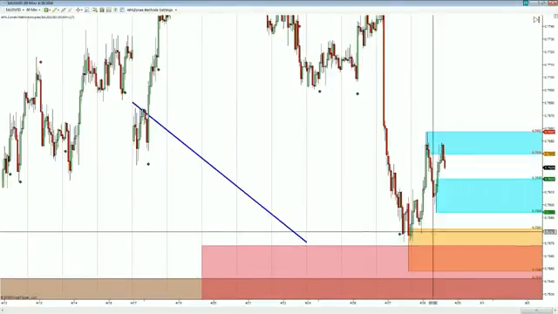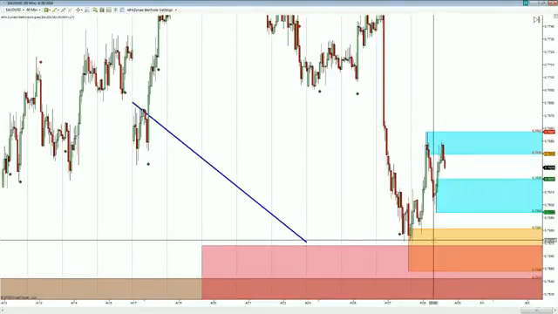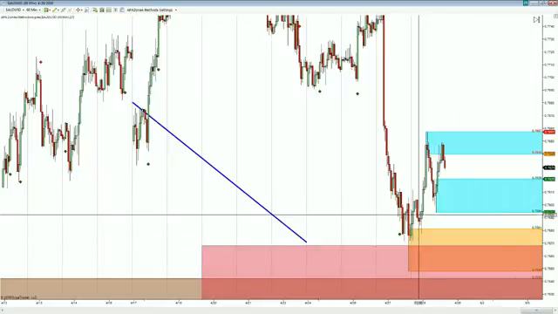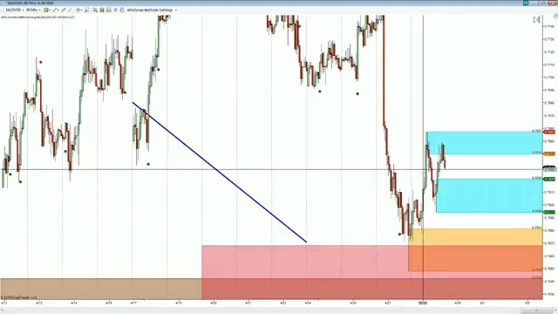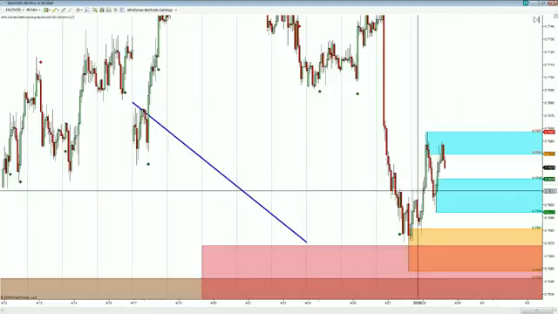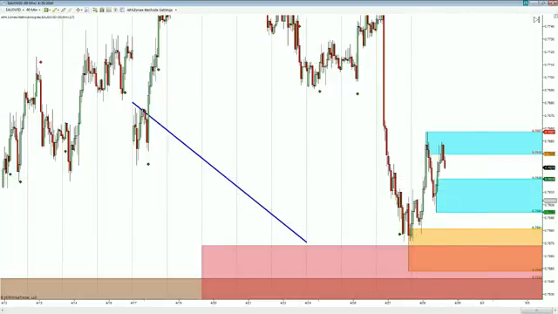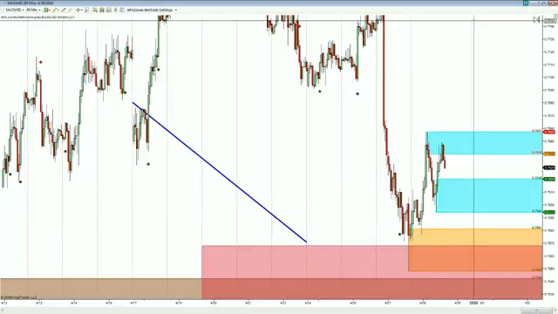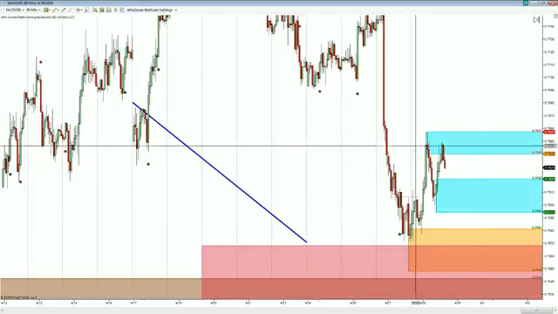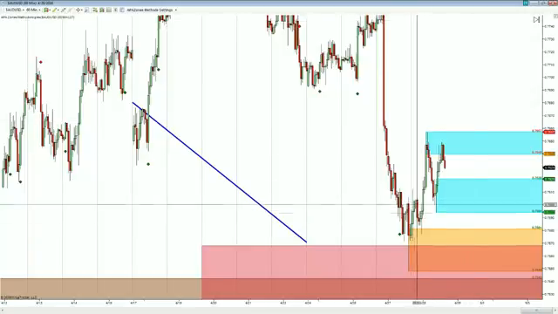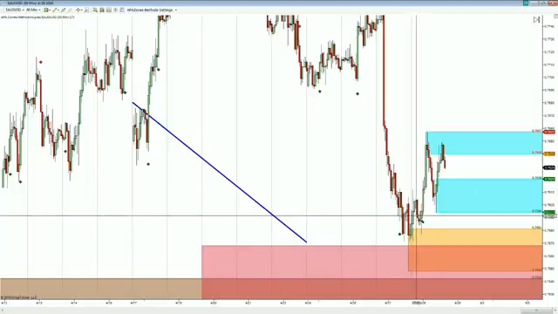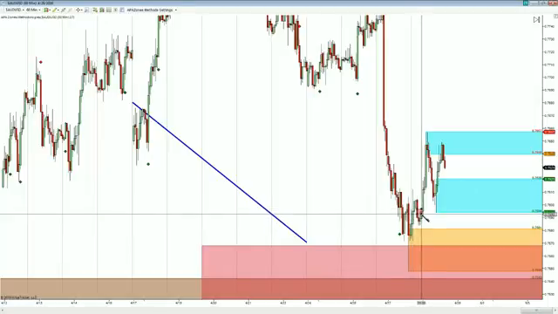Now, when is a good time to get on? Well, that's a good question. What I like to do is wait for confirmation of these levels before I get on board to the long side. So I'm going to be waiting for confirmation to the upside before I get long. An example would be something like this, okay?